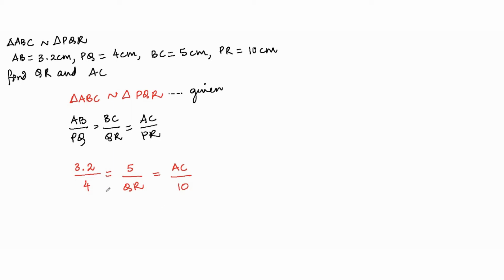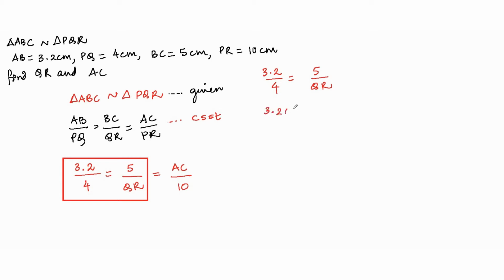So now let's see how to go about this question. First, I will take these two equalities. And by the way, the reason for this is corresponding sides of similar triangles. So now I will take 3.2 divided by 4 is equal to 5 divided by QR. On cross multiplication, I get 3.2 times QR is 4 times 5, which means 3.2 times QR is equal to 20.